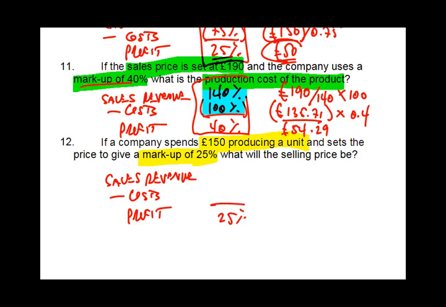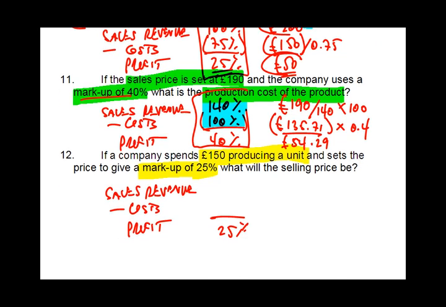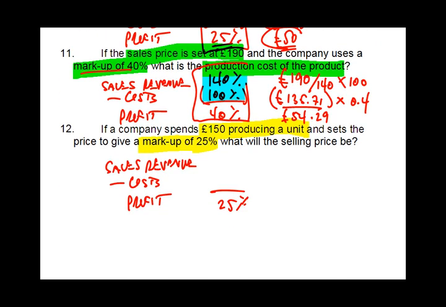Now again, we know that the profit element is the 25%, so this is looking a bit like example 10 initially, but because it's a markup of 25%, the 100% goes in the cost section. Well, what would I be knocking from 100% to give 25%? I reckon the sales revenue would now need to be 125% in order to make that work.